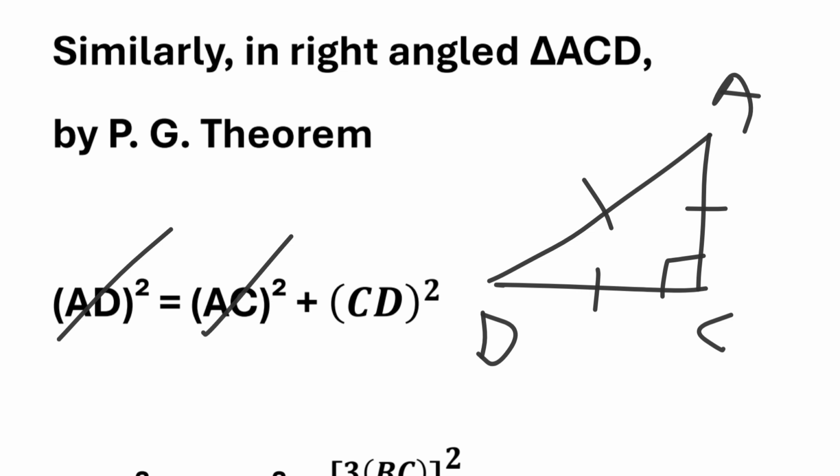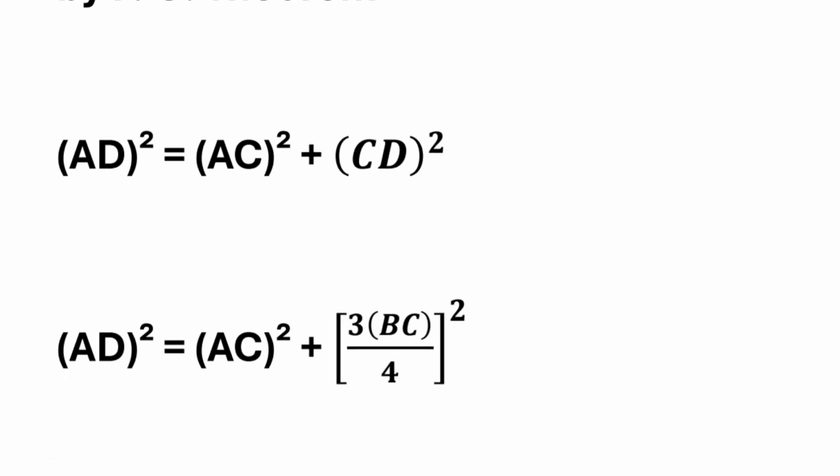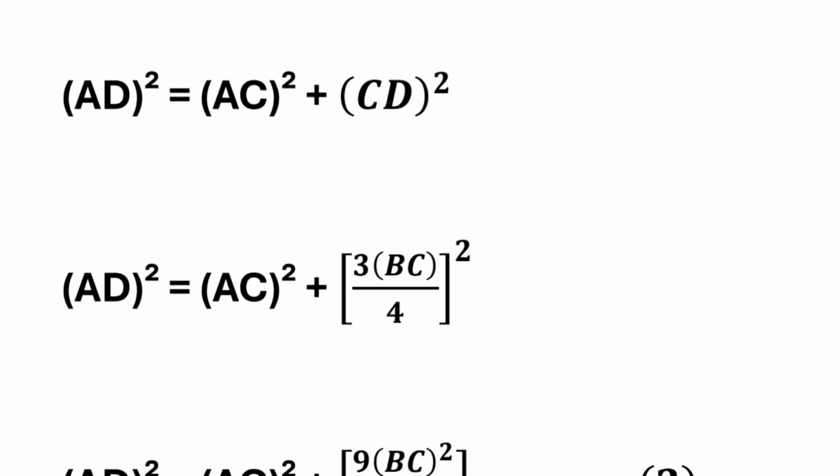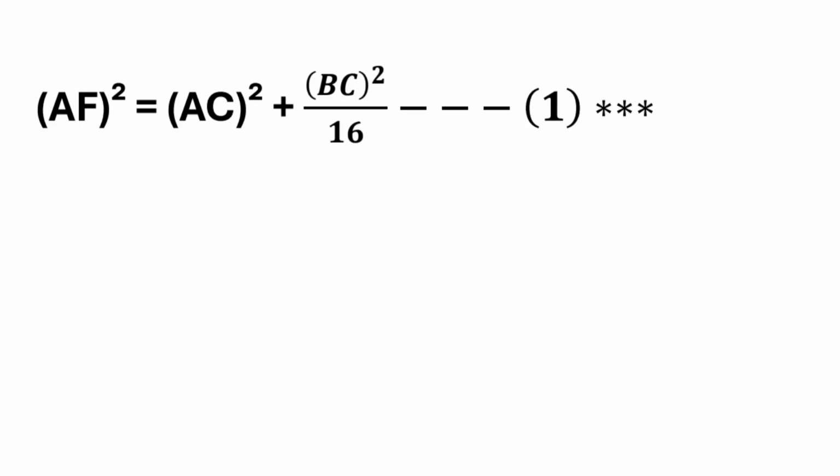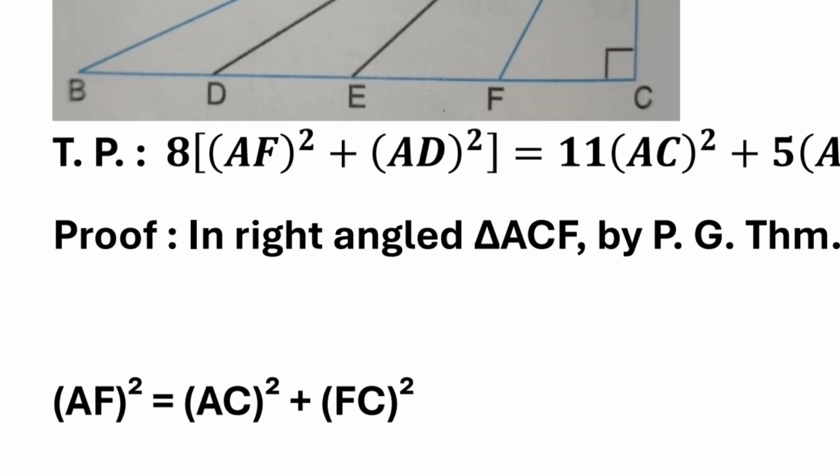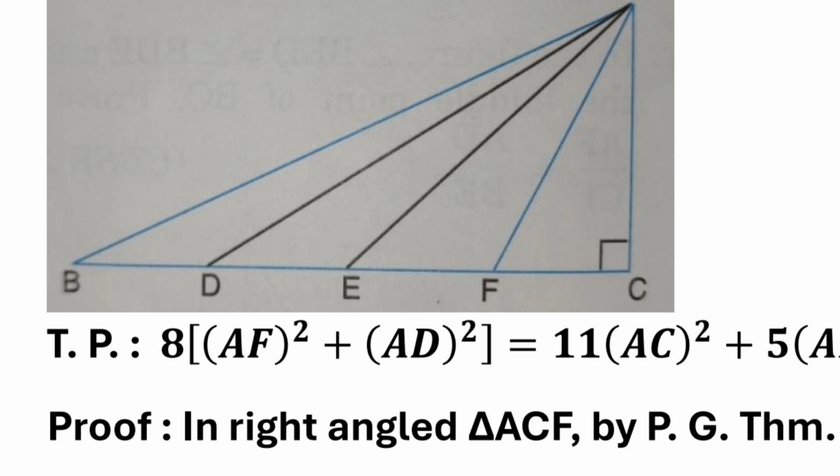Now this CD means 3 parts. From the figure, look here, DC is 1, 2, 3 parts.